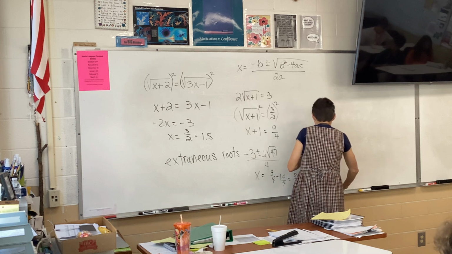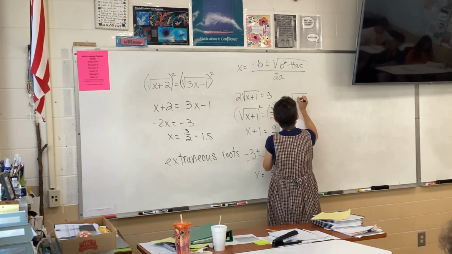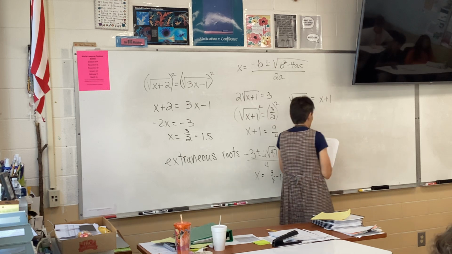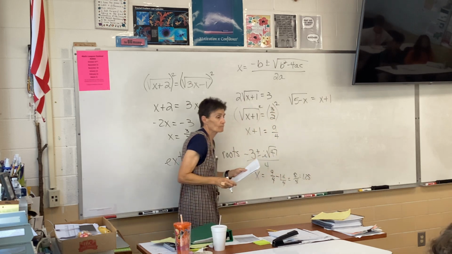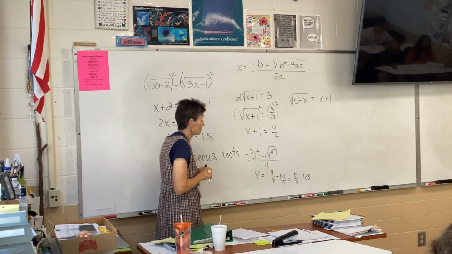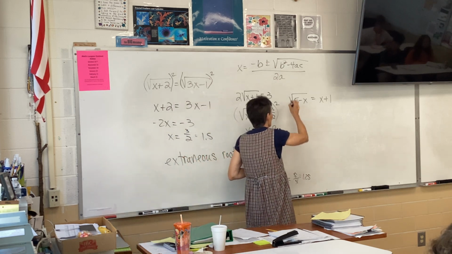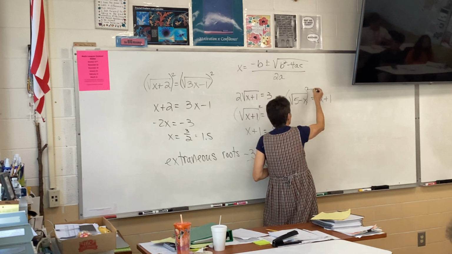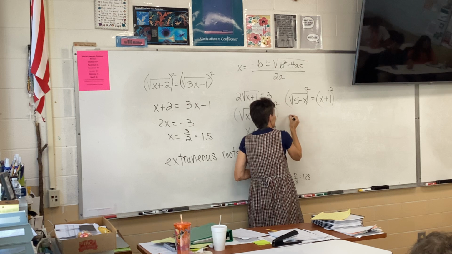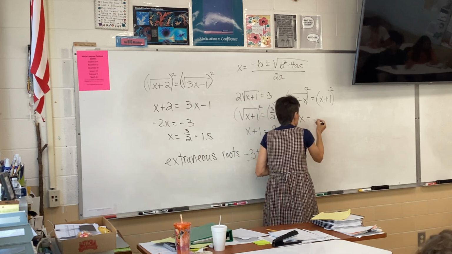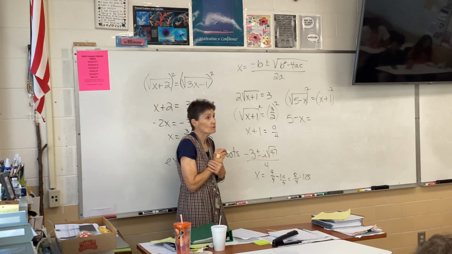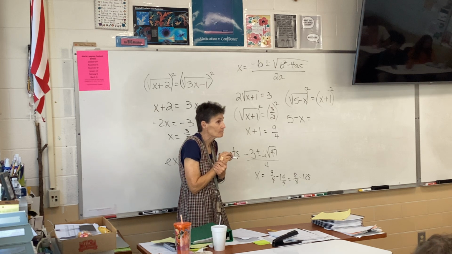All right, here we go. This one now is going to be harder. Harder is probably not the right word, longer. I'm going to square both sides so that this is not a radical anymore. But now what do I do with the other side?